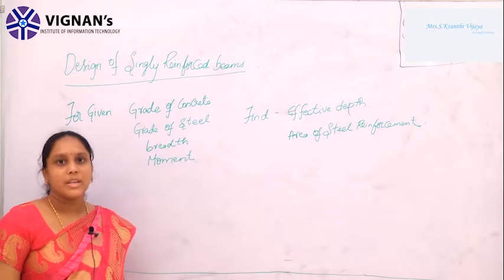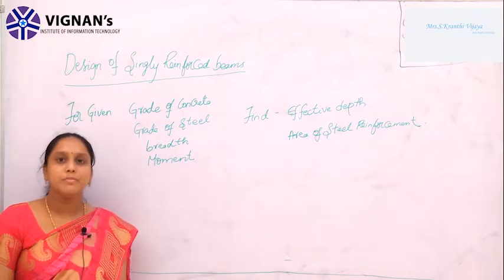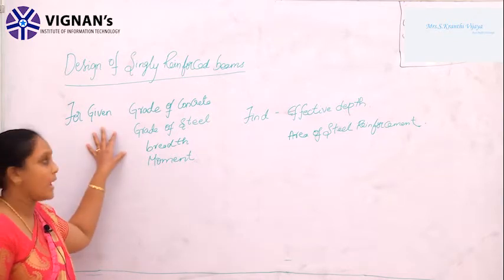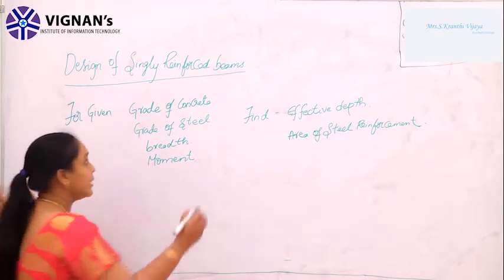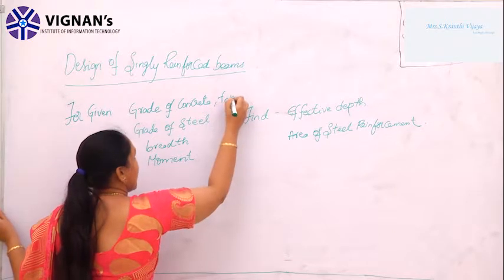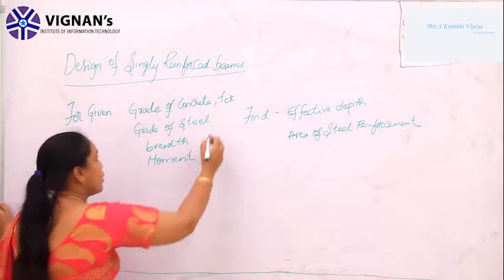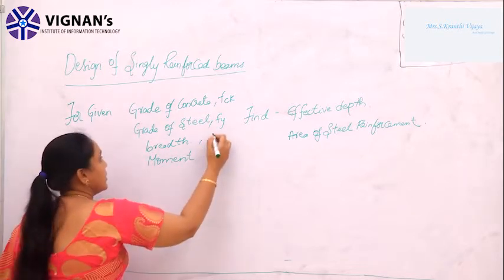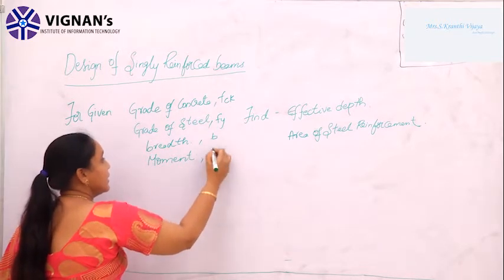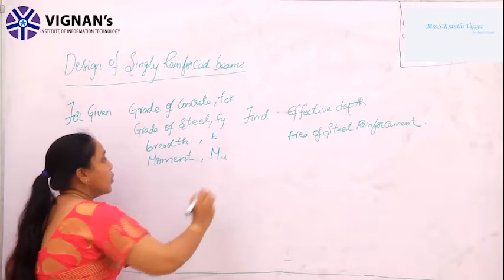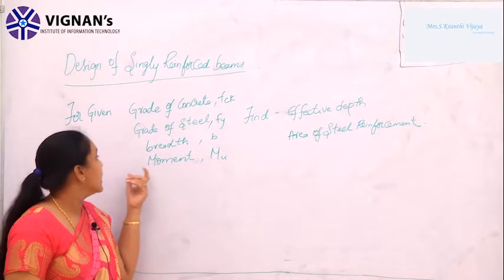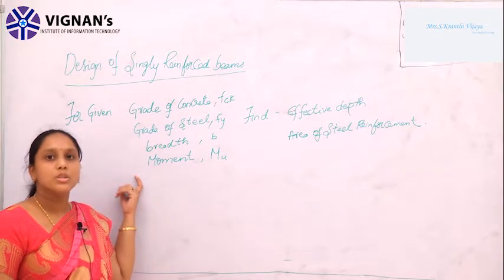So, in the previous classes, we have already discussed what is meant by design. So, in the design, for given values of grade of concrete, that is fck, grade of steel, fy, the breadth and the moment. If all these are given, in some cases, instead of the moment, the load also will be given.